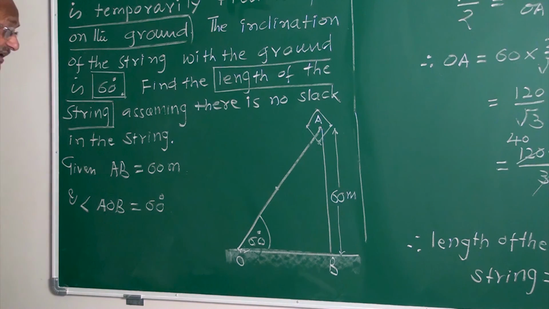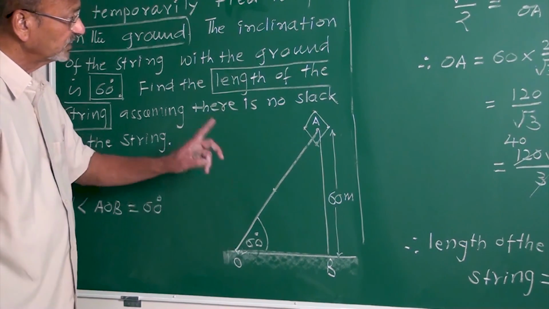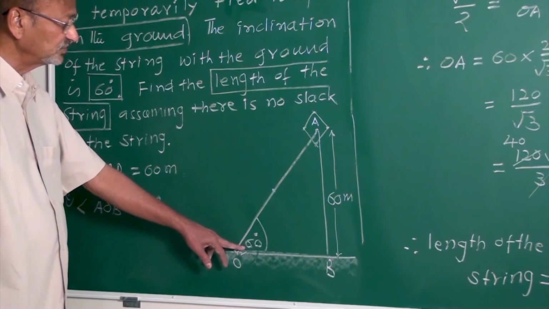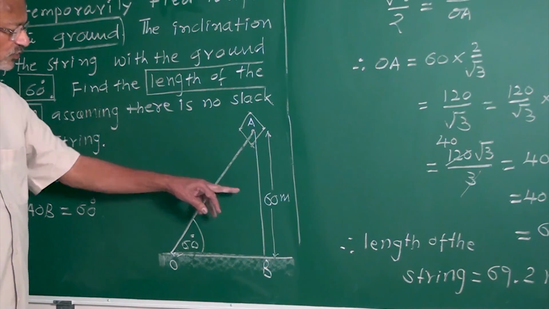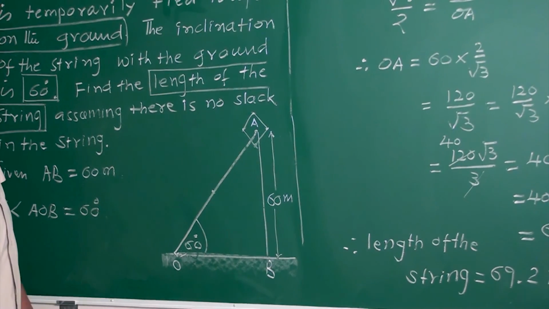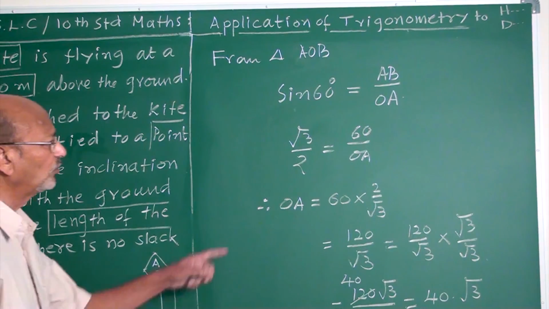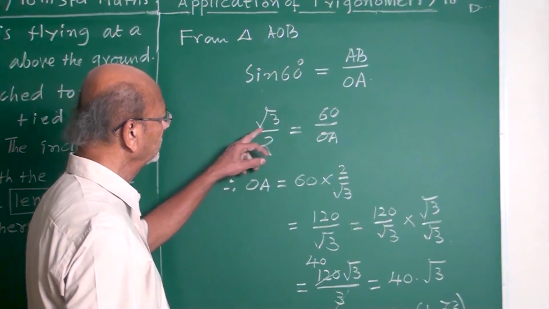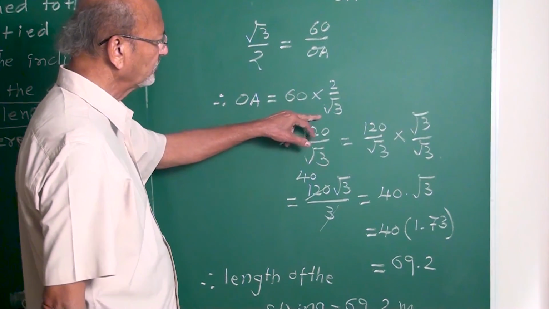Directly, you can't take tan in this case. We wanted the value of OA. For that, instead of tan, we have to take sine 60, opposite upon hypotenuse. Sine 60 is root 3 by 2, so 60 upon OA. OA equals 60 into 2 by root 3, which is 120 upon root 3.